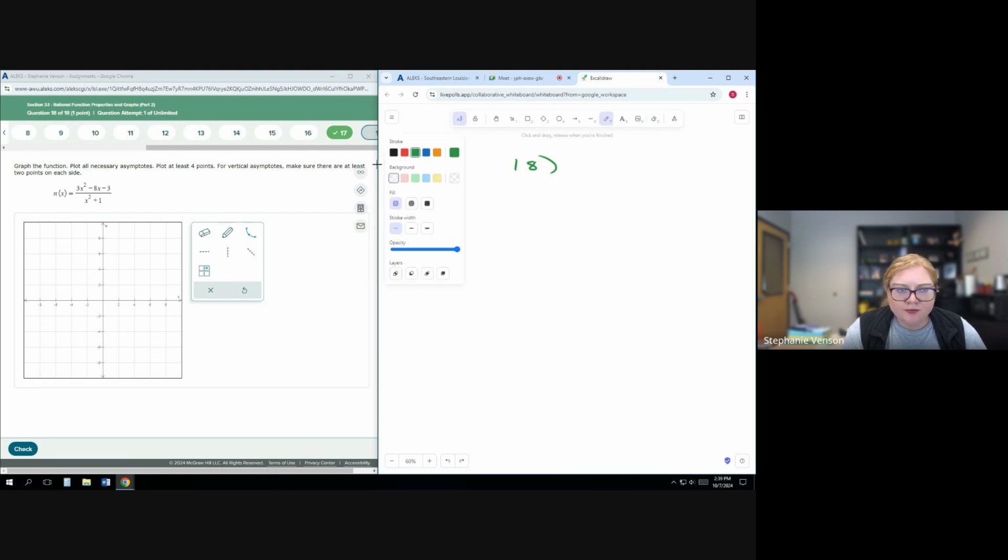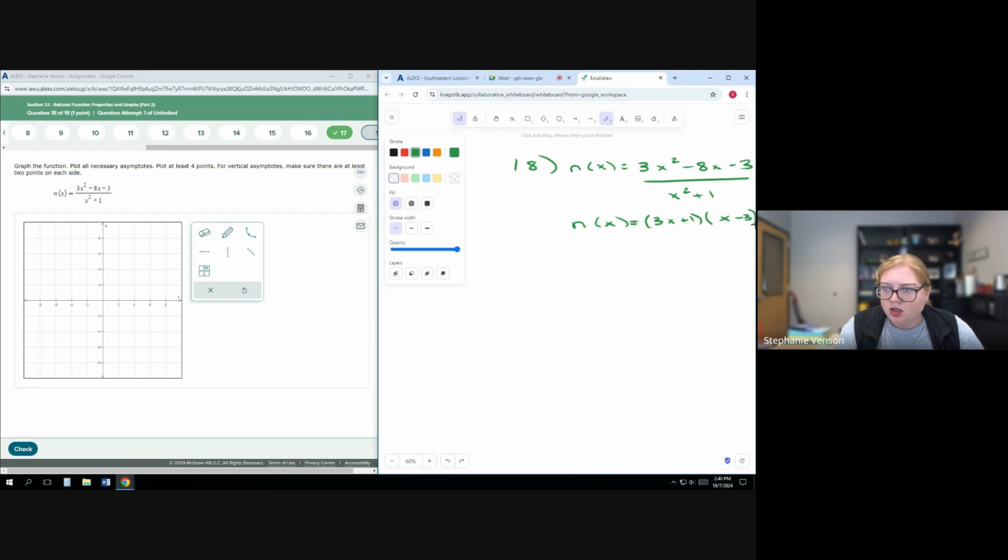We have n of x equals 3x squared minus 8x minus 3, and that's over x squared plus 1. The numerator does factor, the denominator does not. If it was the difference of squares, x squared minus 1, then it would factor. But it's x squared plus 1, so it doesn't factor. But the numerator factors into 3x plus 1 times x minus 3.